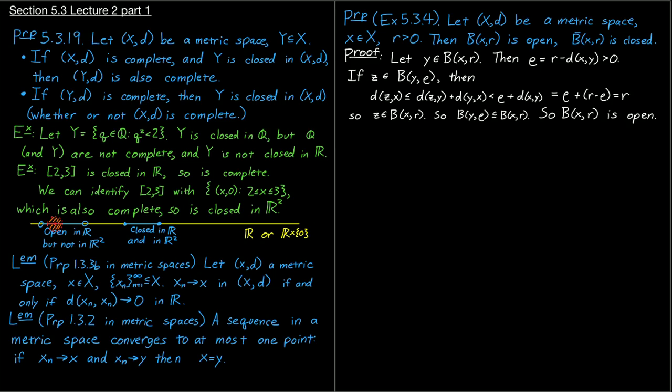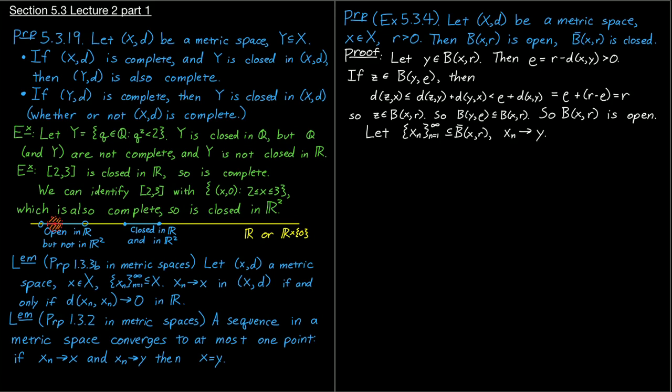Now let's prove that the other one is closed. Let's suppose that xn converges to, we've used x already, so let's suppose it converges to y.